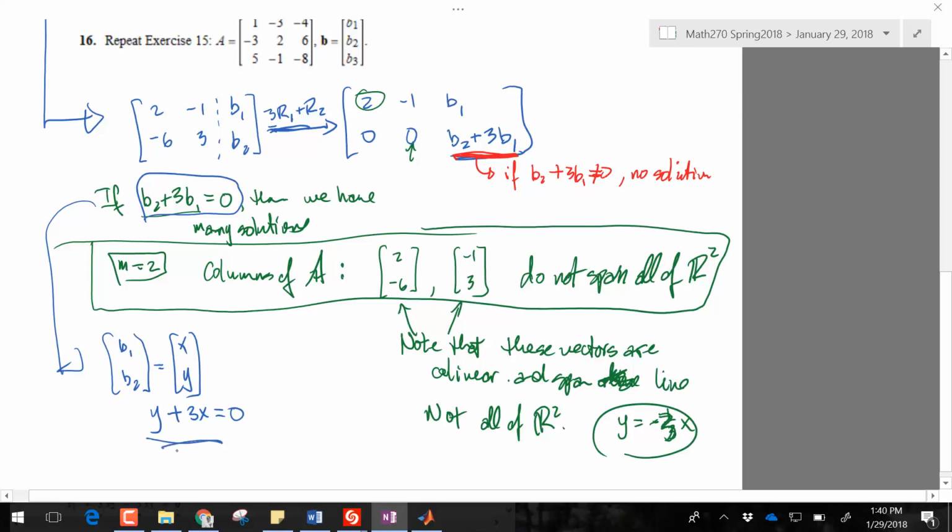right? Now draw this line, draw these vectors. You see that those vectors are going to be on that line. Okay, and any linear combination of these vectors will remain on that line. So in 2 dimensions, it's easy to study.